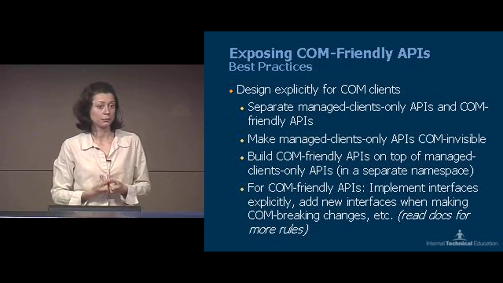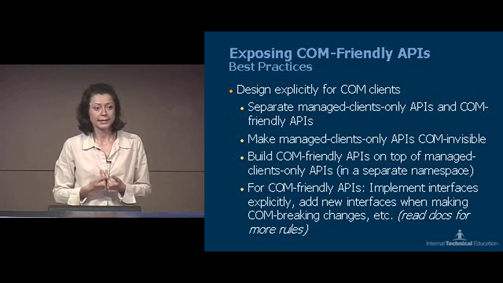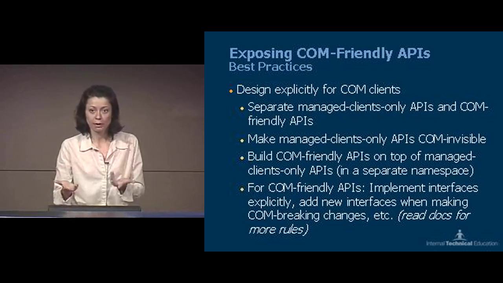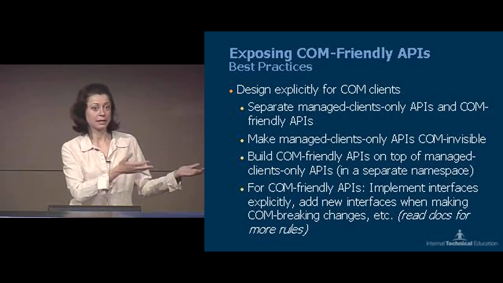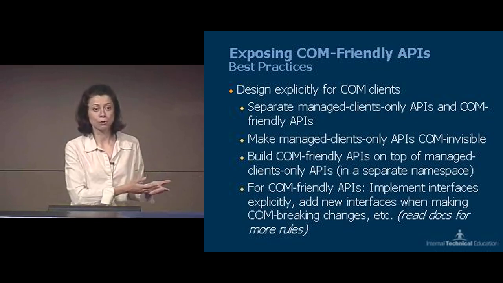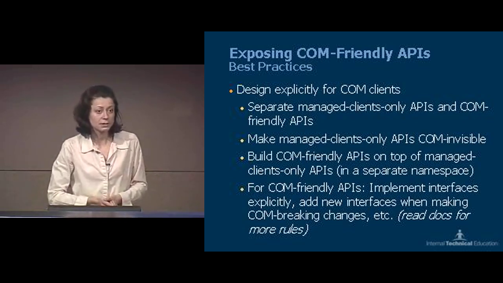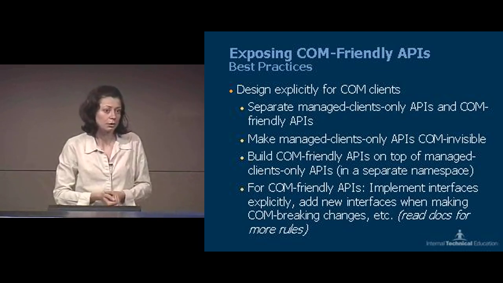So it depends on your scenario. Let's say that you're not quite sure if COM clients are your target or not. And if you see on the other side that the tax to pay for them is too high, you just make everything COM invisible and say, sorry, I'm not supporting COM clients.